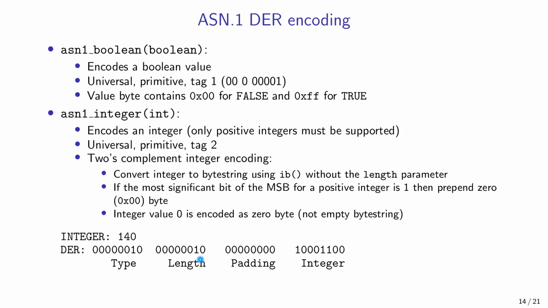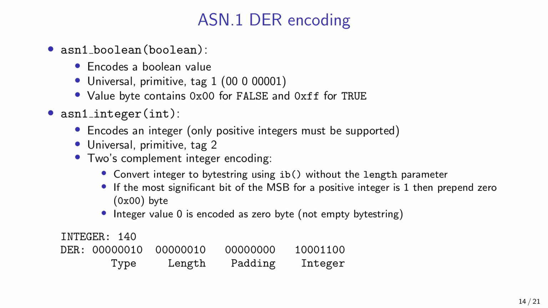The length byte is 2 because the integer is encoded using these 2 bytes. And the type byte represents ASN1 integer encoded value universal primitive tag 2. If we had a case where there was some other value where the most significant bit was not 1, then we would not need this extra padding byte here. Okay? I hope it's clear about ASN1 integer encoding.